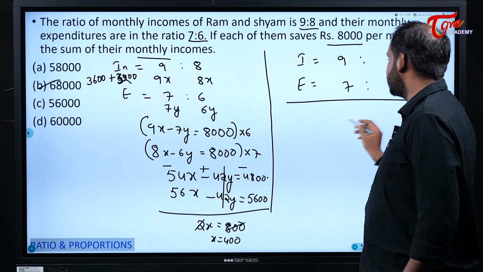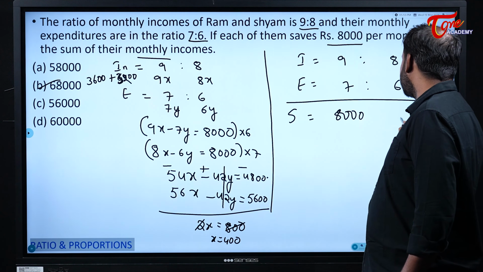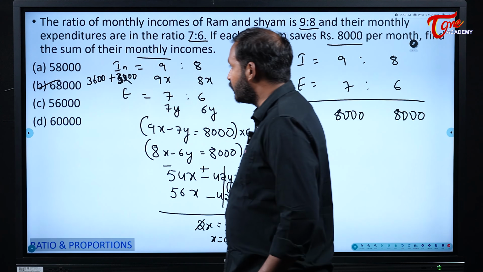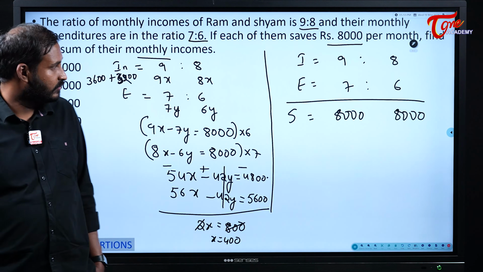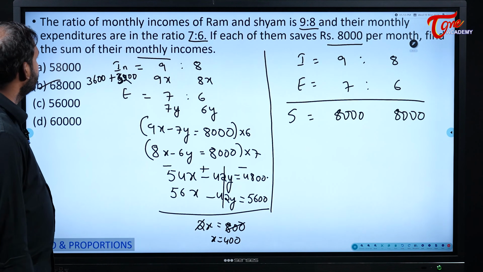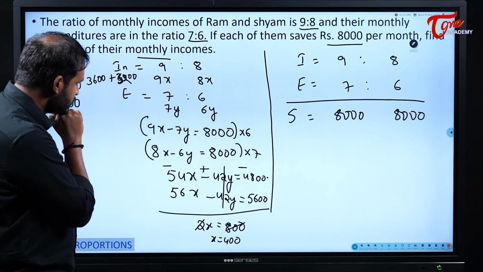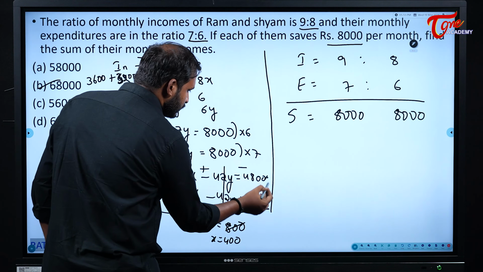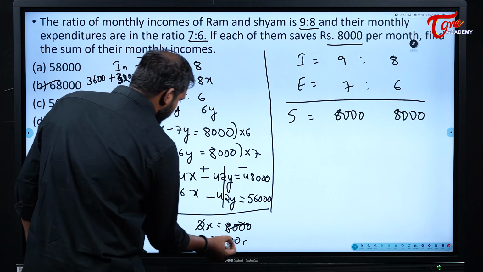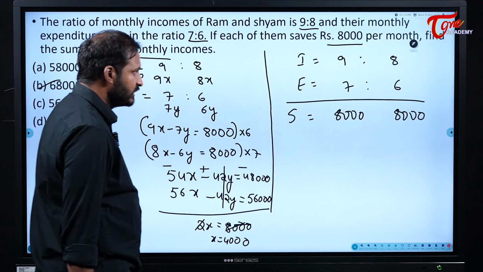And both are saving the same amount, that is 8,000 each. Sorry, I think some zeros were in excess here, students. Here you will get 48,000 and 48,000, so here you will get 36,000 and 32,000, overall 68,000, that is fine.